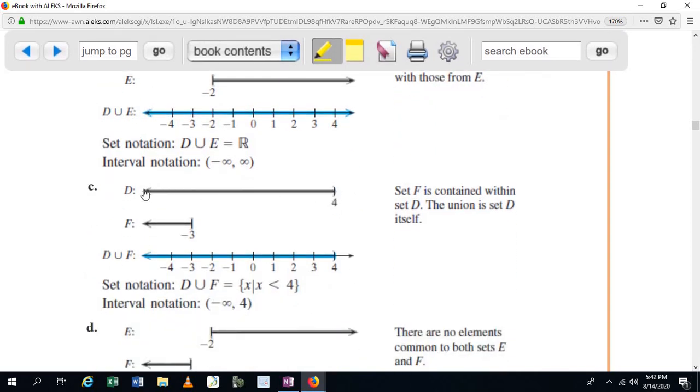So everything below 4 plus everything below -3, including -3. Well, that's the same thing as just saying everything below 4. And in terms of interval notation, it would be from -infinity up to 4, not including 4. In set notation, you could just write it as all the x values such that x is less than 4.